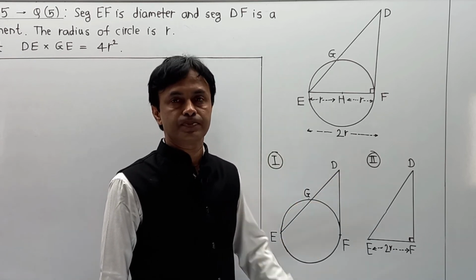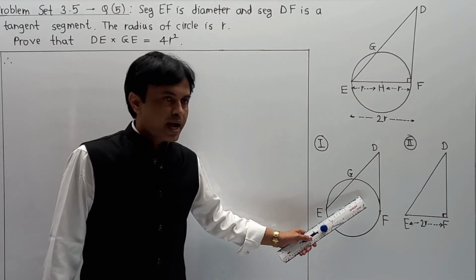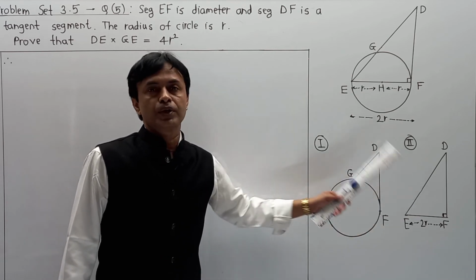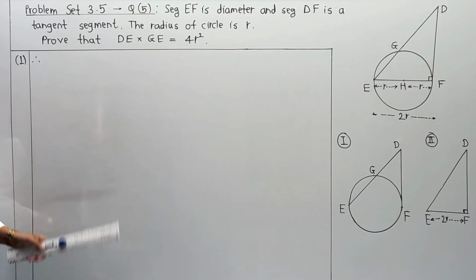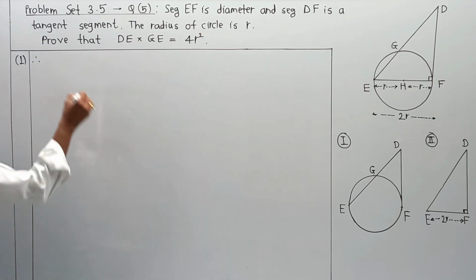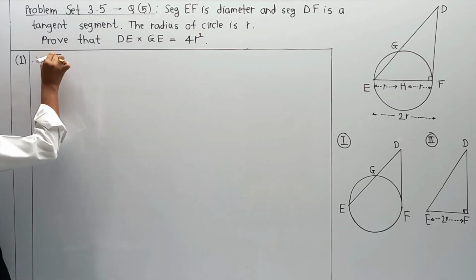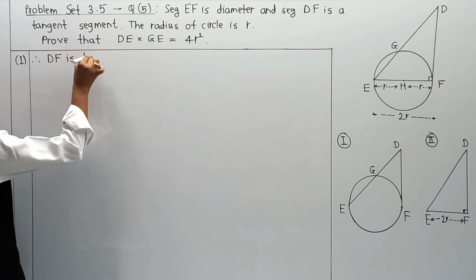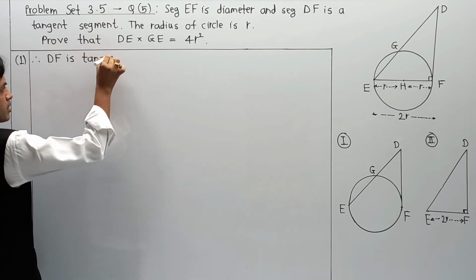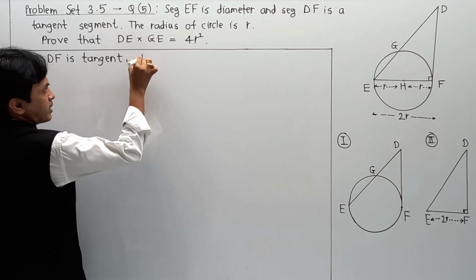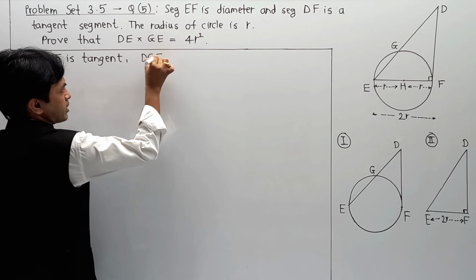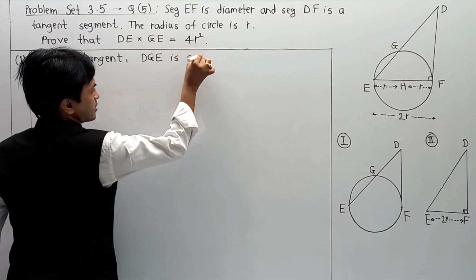How? Pay attention. Now, as per equations 1 and 2, we are going to derive the final part over here. So I am going to write number 1. Here, DF is a tangent, and DGE is a secant.